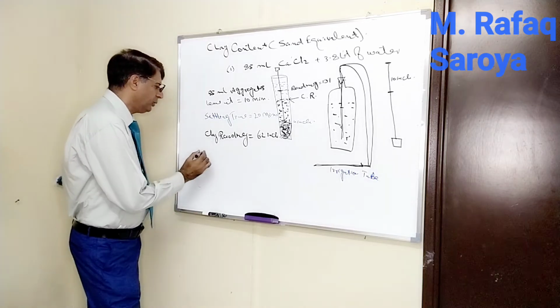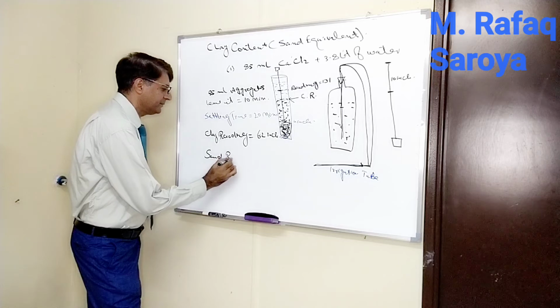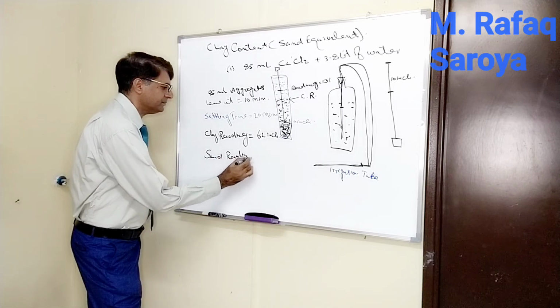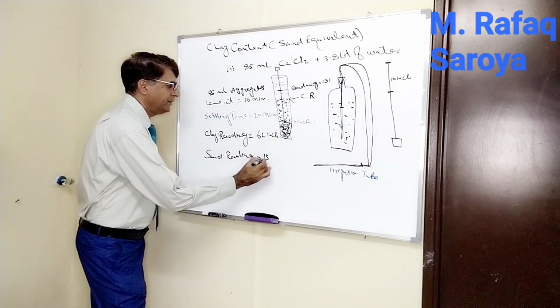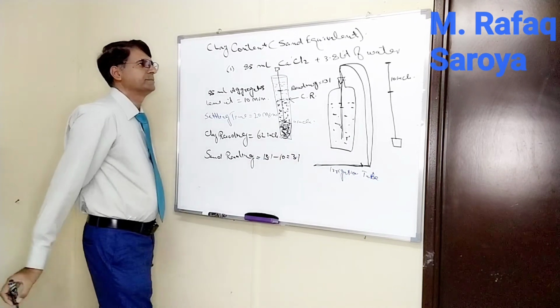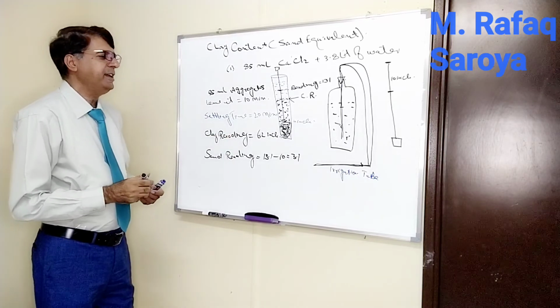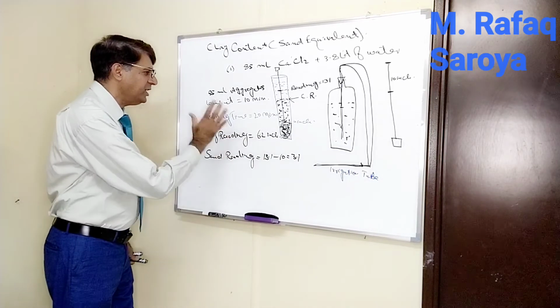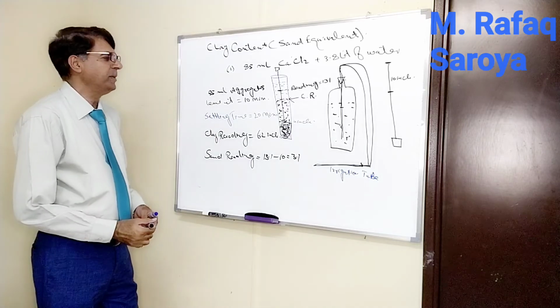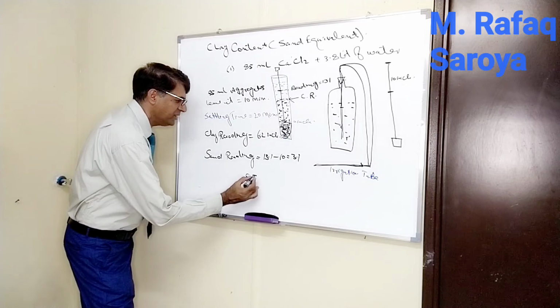And how will we calculate the sand reading? 13.1 minus 10 is equal to 3.1. Now the sand reading is available to me and the clay reading is available to me. From these two, I will find my sand equivalent value by the ratio of the two.